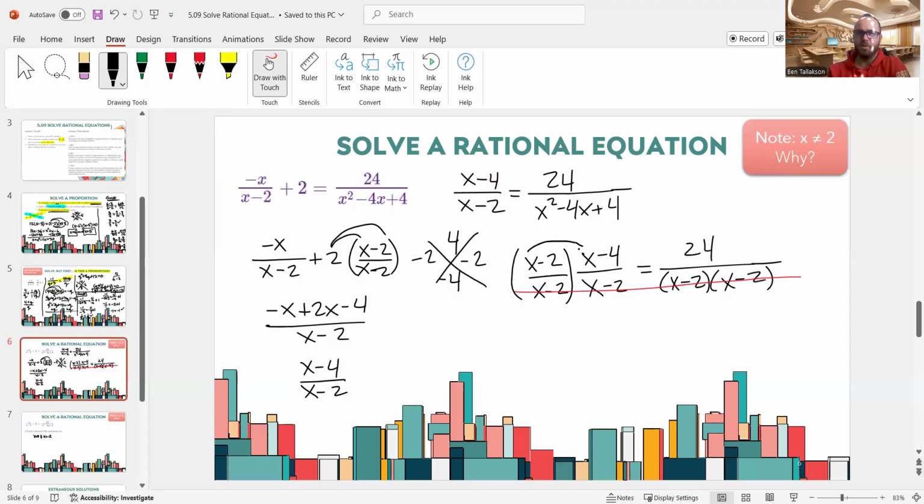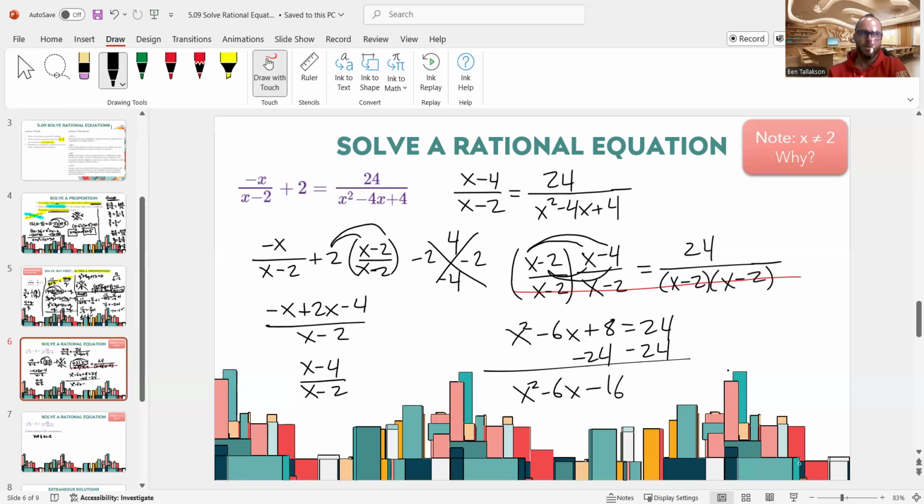We're just going to do a simple FOIL here. So we get x squared, then outside negative 4x minus 2x. There we go. And then last, negative 2 times negative 4 equals 8, minus 24. Now it's coming together. That is a more friendly, simple looking quadratic, isn't it?